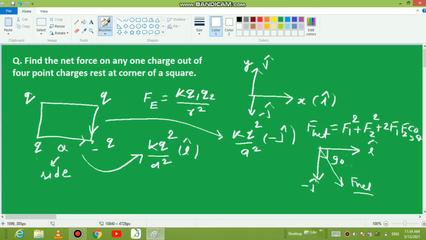Here theta is 90, so the cos 90 value will be 0, so this term will be 0.